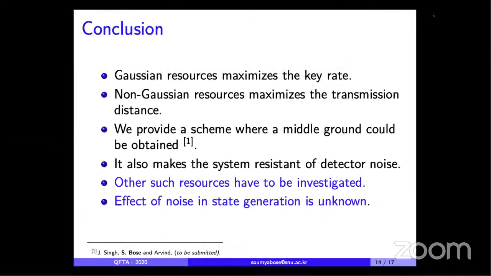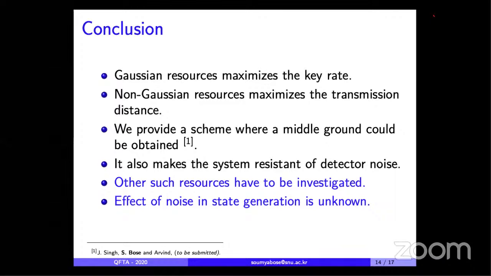To summarize, one can say that so far we know that Gaussian resources maximize the key rate, and non-Gaussian resources maximize the transmission distance. In this work, we provide a scheme that acts as a middle ground between this high key rate and high transmission distance.